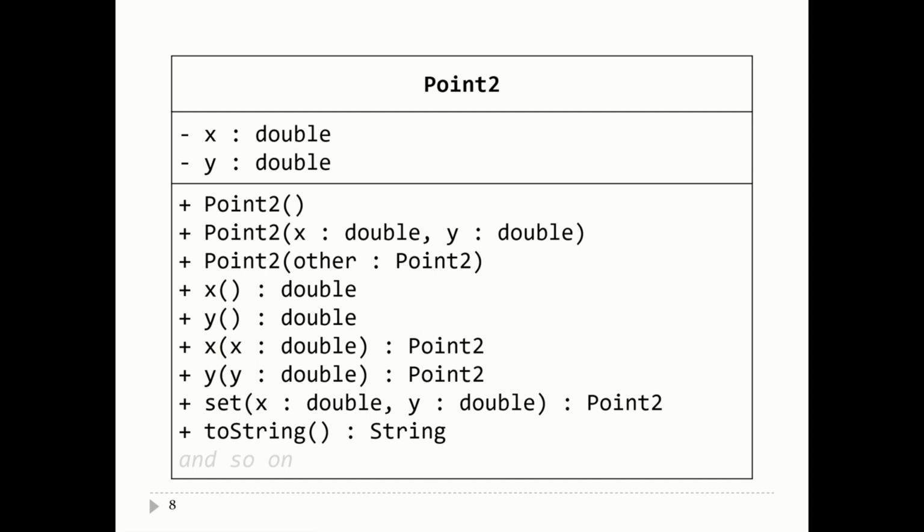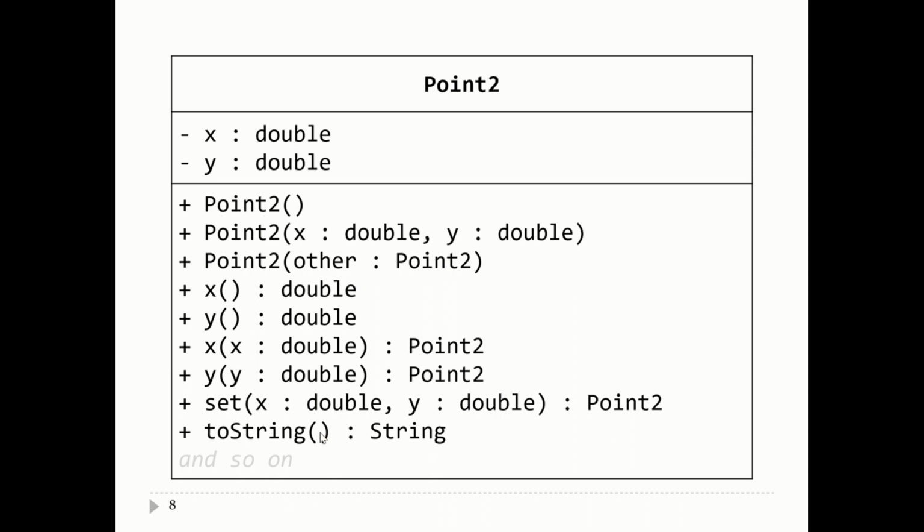Here's our mutator methods x and y. I think these are a new x and new y in our slides. So this is the method that changes the x coordinate and returns a reference to the point. There's our method that changes the y coordinate and returns a reference to the point. And here's our method that changes both the x and the y coordinate and returns a reference to the point. And finally, there's our toString method.